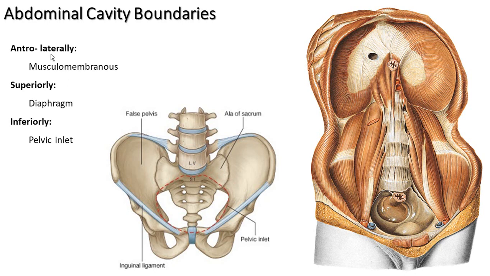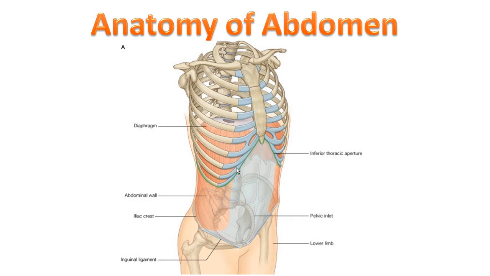And it is bounded above by the xiphoid process and the right and left costal margin, and below by the anterior part of the iliac spine, the anterior part of the iliac crest, and the fold of Groin, the pubic tubercle, the pubic crest and the pubic symphysis.